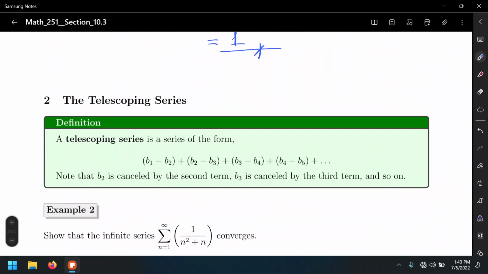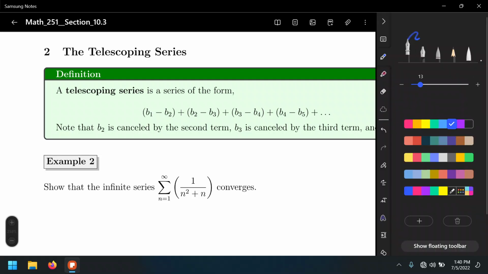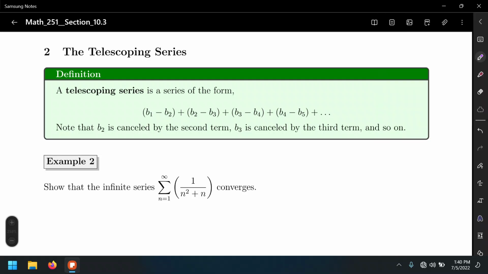So let's have a look at the telescoping series. A telescoping series is a series of the form b sub 1 minus b sub 2 plus b sub 2 minus b sub 3, et cetera. What's special about it is that this b sub 2 cancels, this b sub 3 cancels, and of course many terms get cancelled, and only 1 or maybe 2 terms manage to survive the cancellation.